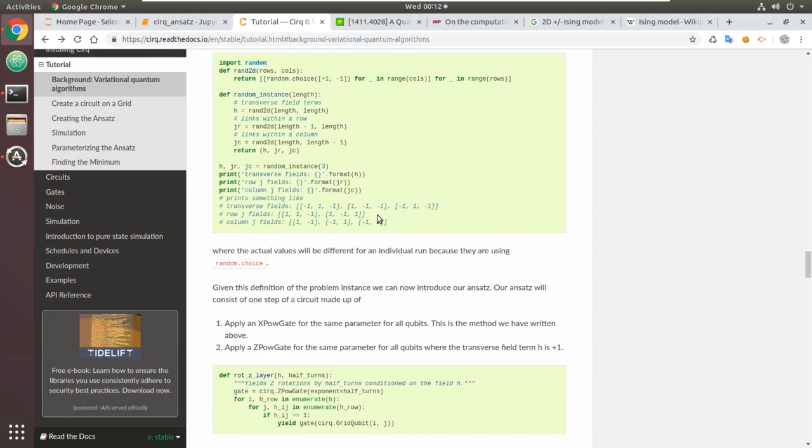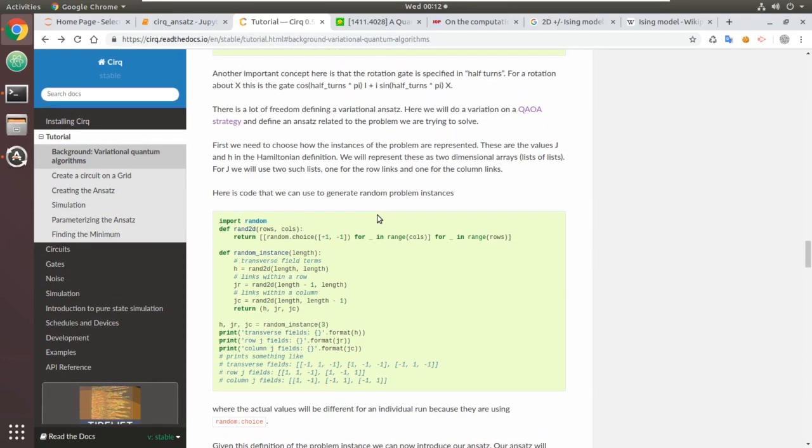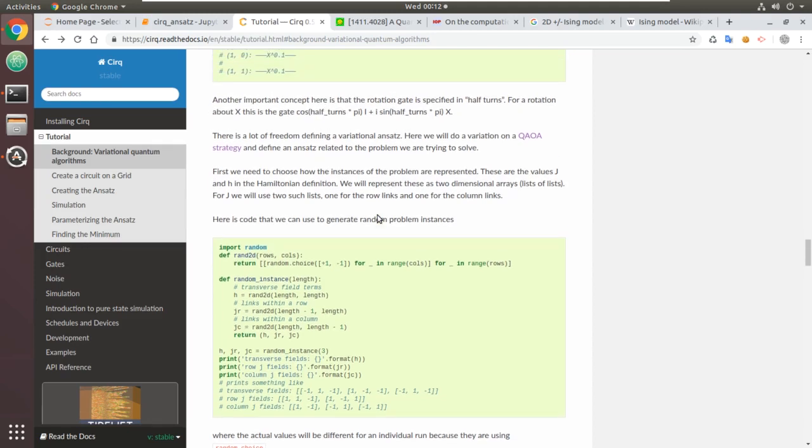This I don't fully understand. Why a list of lists? The values J and h are the Hamiltonian definition. We will represent this as two-dimensional arrays. For J, we'll use two such lists, one for the row links and one for the column links.